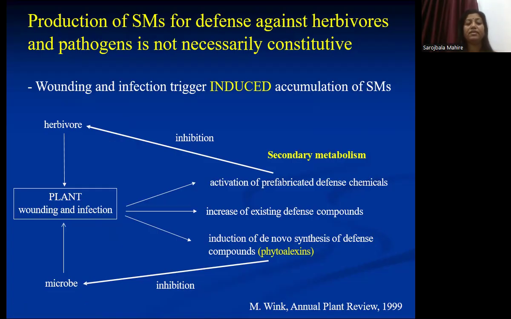The plant gets wounded or infected by a herbivore or microbe. Due to these wounds or infections, the plant activates its defense chemicals and increases the existing defense compounds. If some secondary metabolites are always synthesized to defend against herbivores or microbes, their amount or percentage is increased.